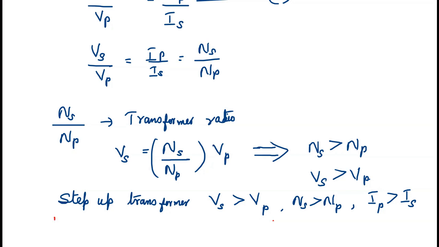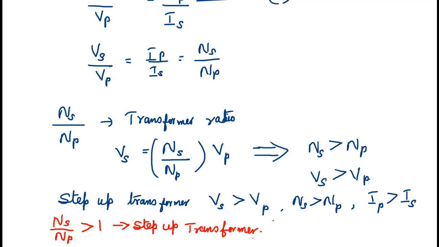If the transformer ratio Ns by Np is larger than unity, it is a step up transformer. If it is less than 1, then it will be a step down transformer.